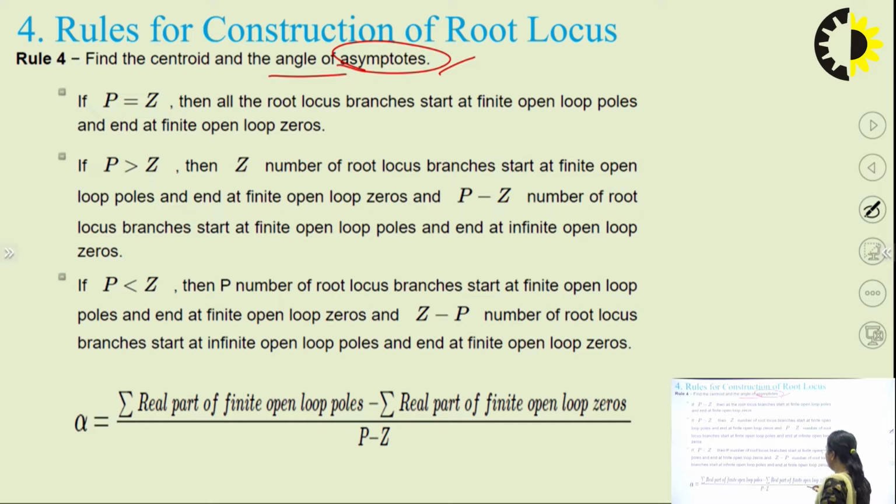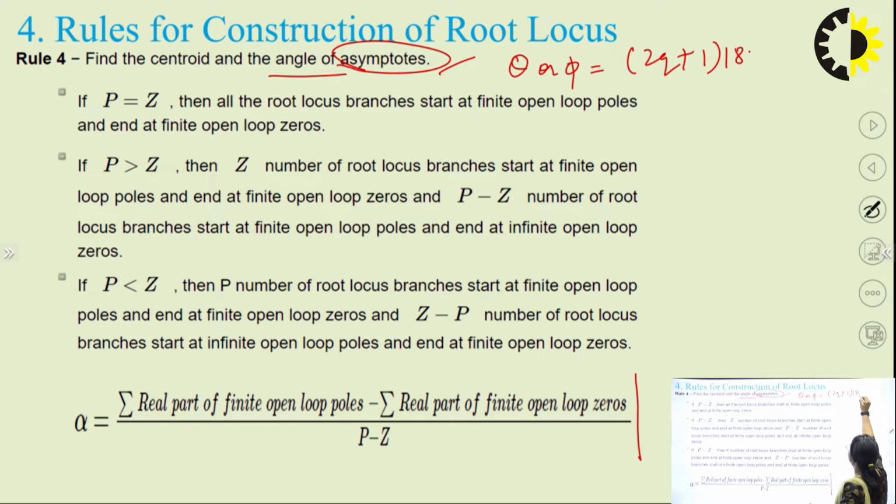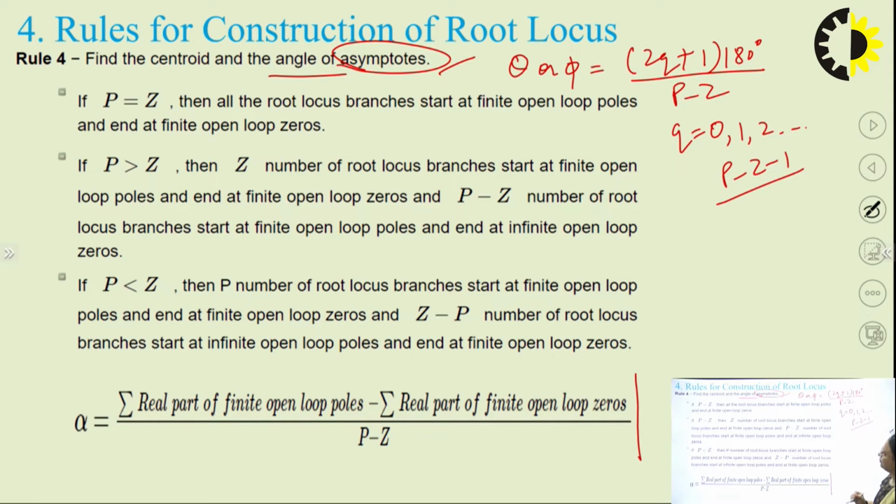The formula for the angle of the asymptote, represented by theta or phi, is (2q plus 1) times 180 degrees upon (p minus z), where q varies from 0 up to p minus z minus 1.